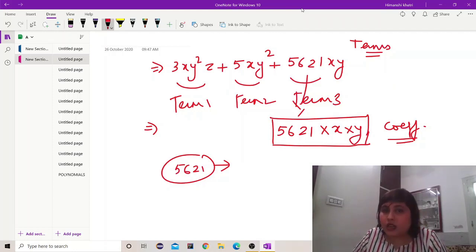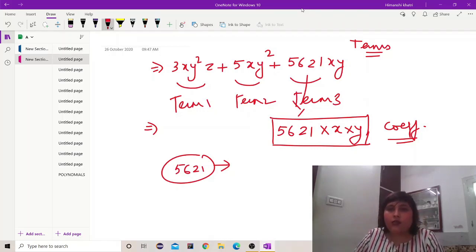What is written before xy square z? 3 is written before xy square z. Is that clear? So you find the coefficient after identifying the term. Just identify the part of that term which is written before the asked part.